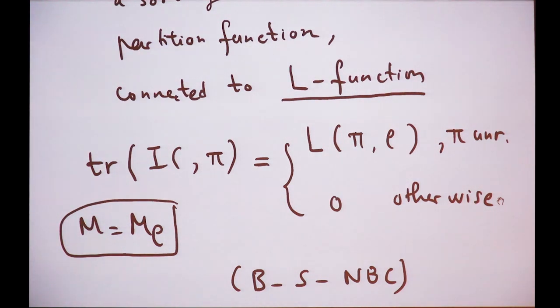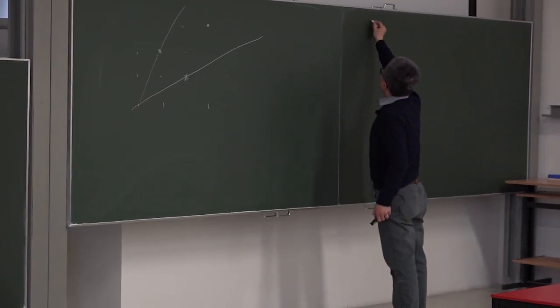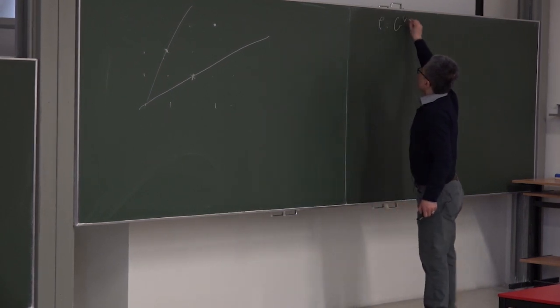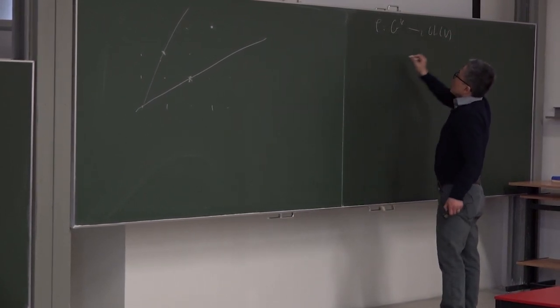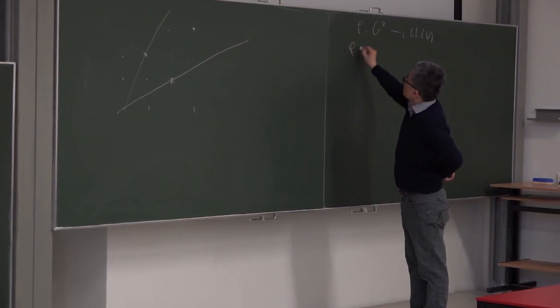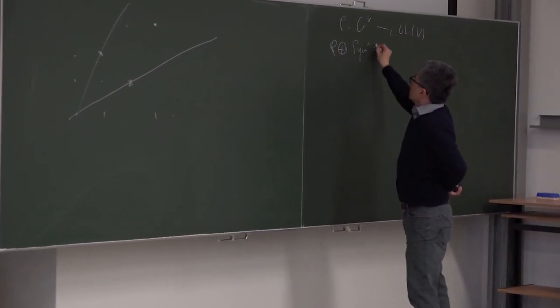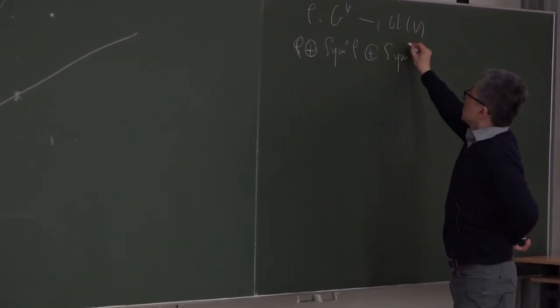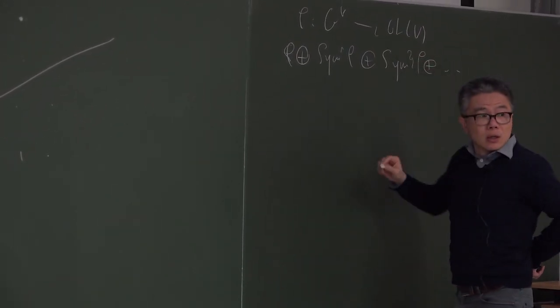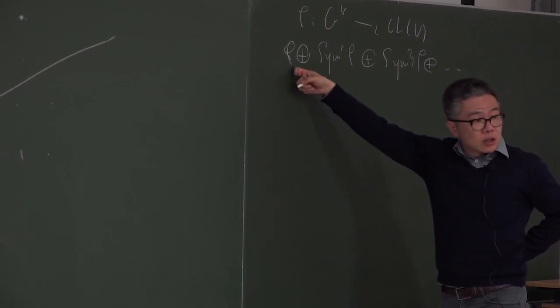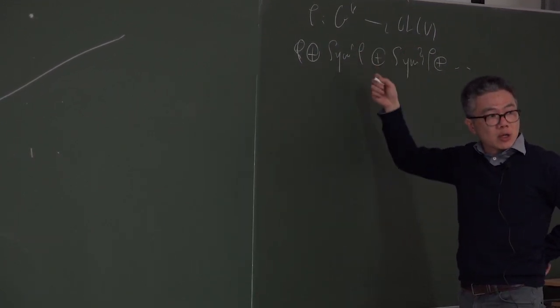So it is an absolutely fundamental object in Langlands theory, and the combinatorics is extremely complicated. If you know what it is, you have something called the dual group, and you have to look at the character of rho plus Sym^2 of rho plus Sym^3 of rho, etc. So rho is any representation, and you take Sym and Sym squared.